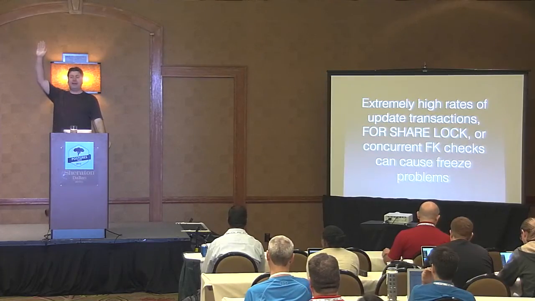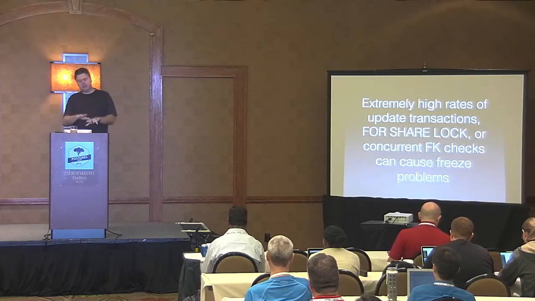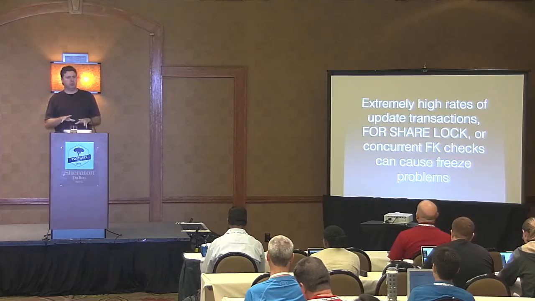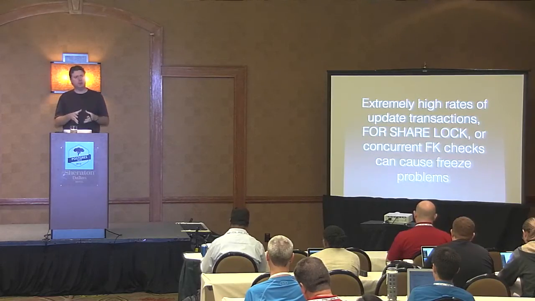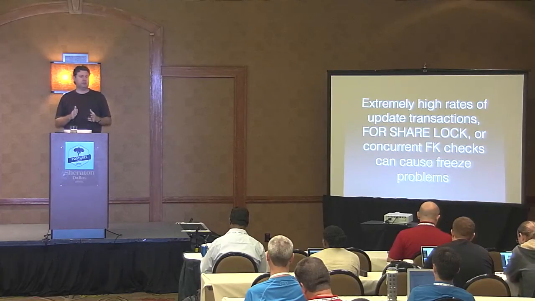How many knew about MXID wraparound? Yeah. So you need to be careful. This is a bit of an unusual workload. I don't think that MXID wrap is nearly as big of a danger in the real world, but be careful. If you've got something where you do tons of foreign key checks concurrently, high concurrency, keep an eye on this.